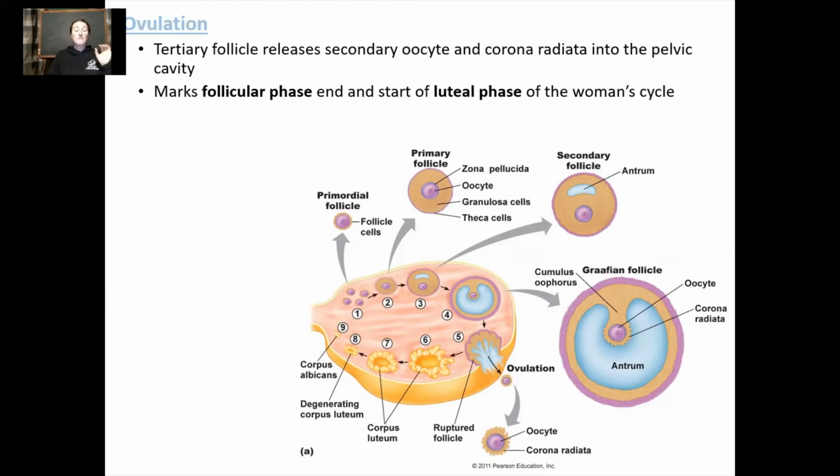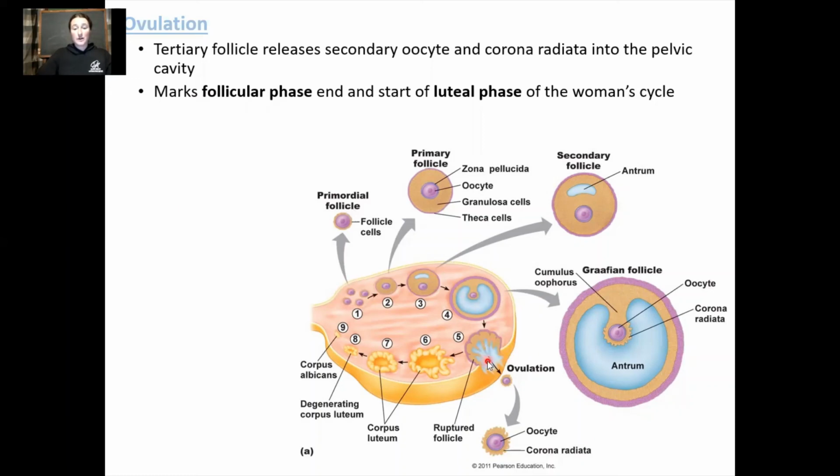The follicular phase is about the first 2 weeks. The luteal phase is 14 days, the 14 days after ovulation, and that one is consistent. The first 14 days are characterized by the follicle itself, primordial all the way through tertiary.